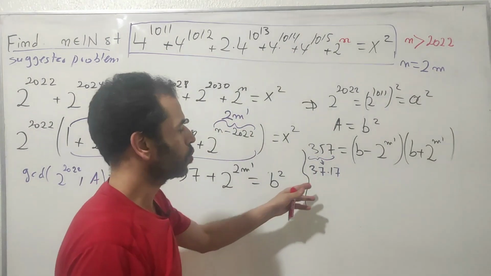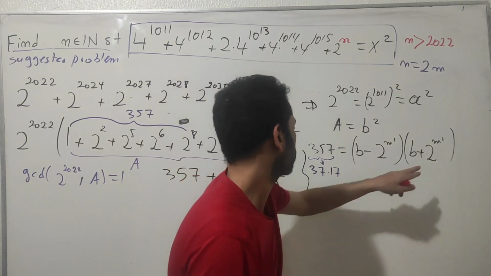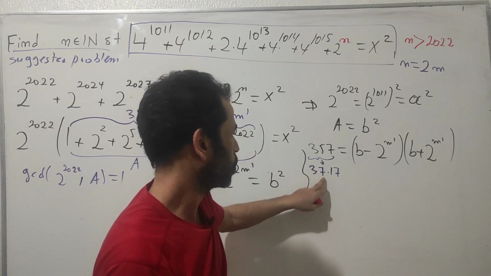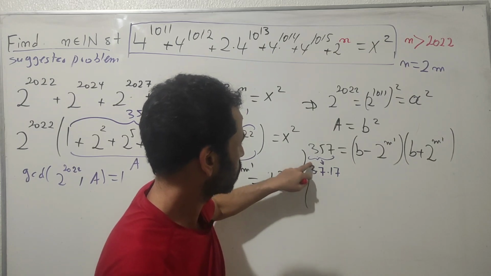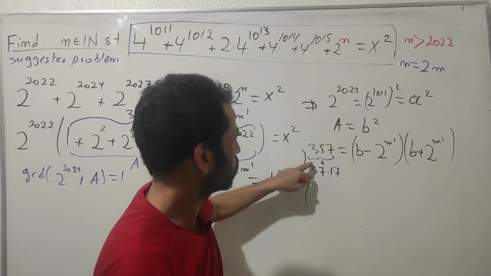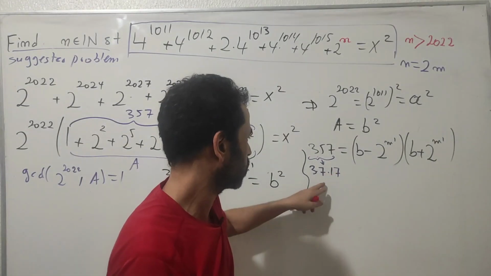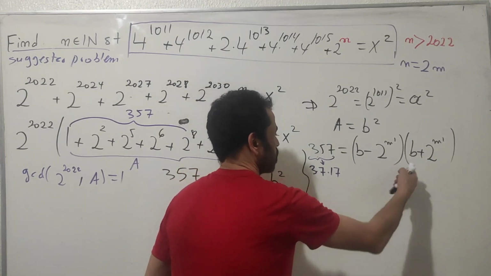Now we are going to check case by case. Since this term is smaller than that term, the smaller factor is going to be 1 or 3 or 7 or 17, because 3 multiplied by 7 is going to give us 21. None of the cases work here, except when this one equals 17 and this one is 21.